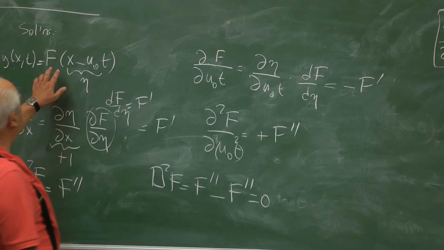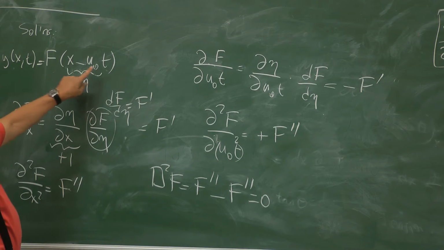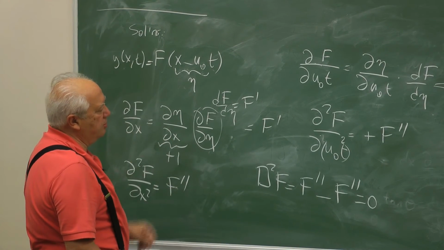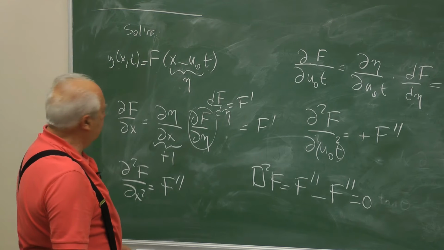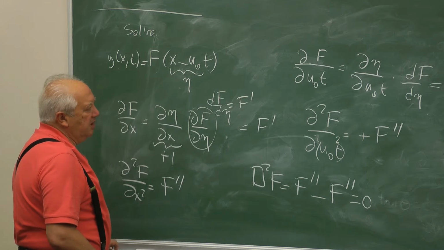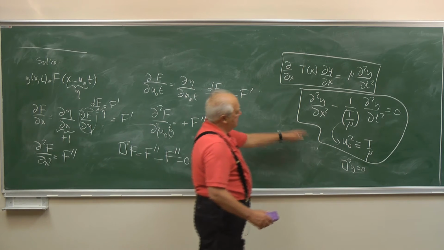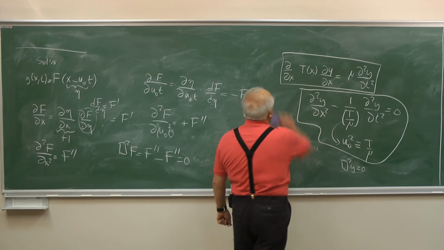So an arbitrary function of the form f(x minus u0t) solves this wave equation, is a solution of this wave equation. Let us see the meaning of this equation. Now I can erase this. Let's just remember that.